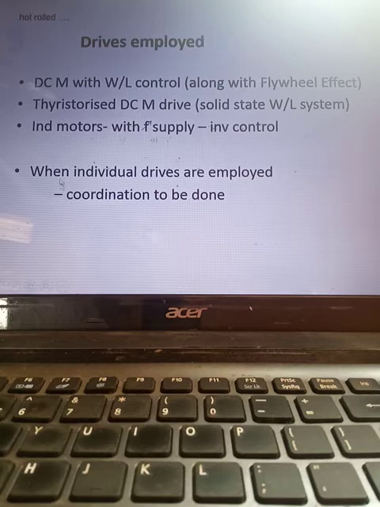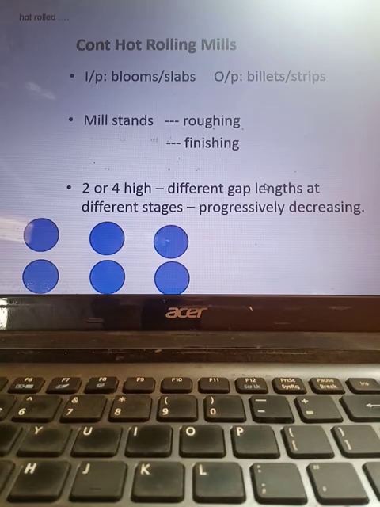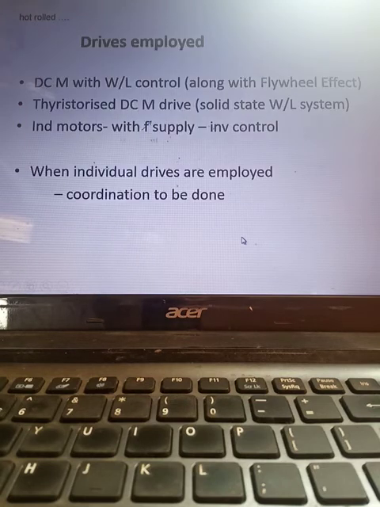And what is to be noted here is, because there are multiple stands, each stand is with one drive, and those drives are to be coordinated. So this aspect also is to be kept in mind. Whatever drives we employ, they should be compatible to such a coordination. And DC motors are normally the motors. Of course, nowadays induction motors are also being employed here.